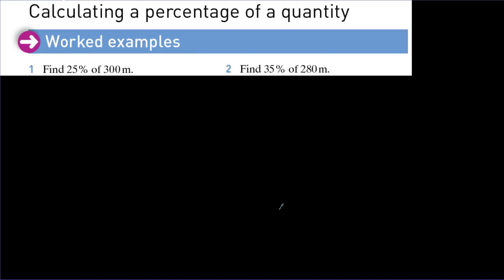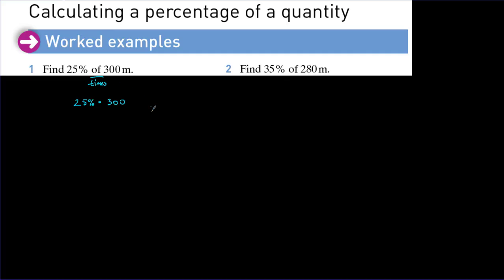Okay, now we are going to calculate the percentage of a quantity. What does 25% of 300 mean? If you remember from the previous videos, I said when you see the word "of", you should use the times operation here, which means this is 25% times 300.